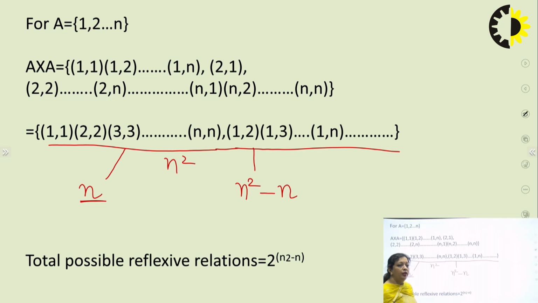I may include them or I may not include them, but it is not going to affect the reflexive nature of my relation. So, since I have two choices for each non-diagonal element, the number of reflexive relations possible is 2 to the power n square minus n. This is the total number of reflexive relations possible if I have a set A with cardinality n.